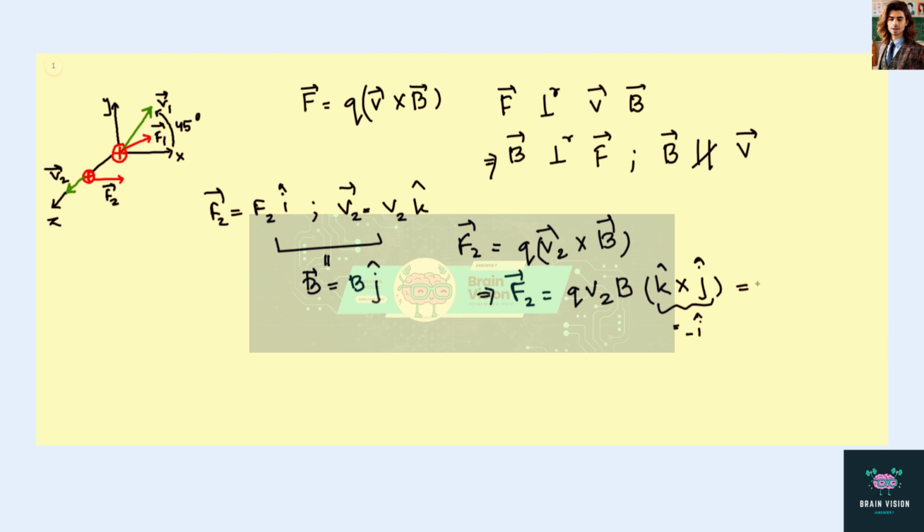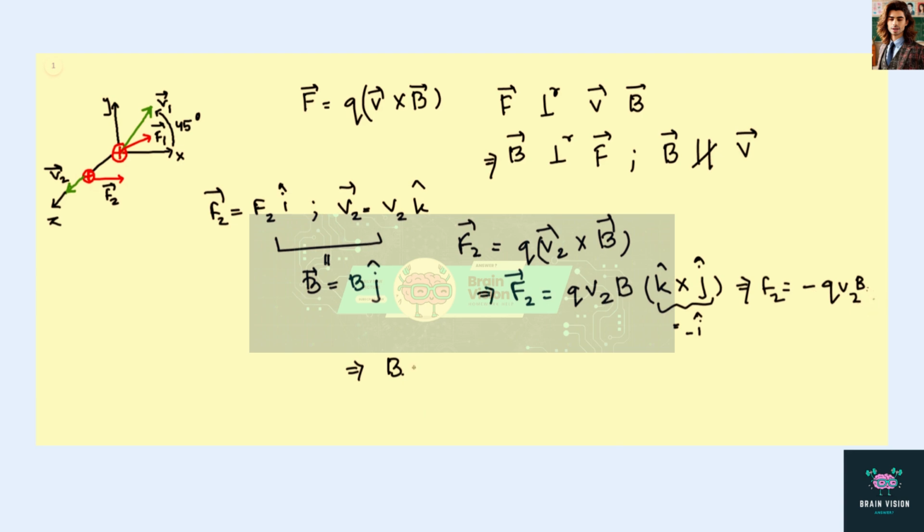This means that the magnitude of F2 is going to be negative of q v2 B, because F2 is given to be in the positive x direction. So we include the negative sign with the magnitude of F2. B is in the y direction.